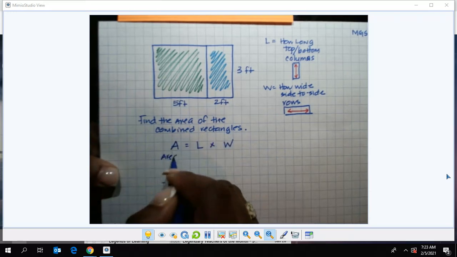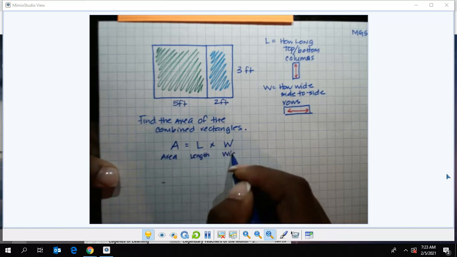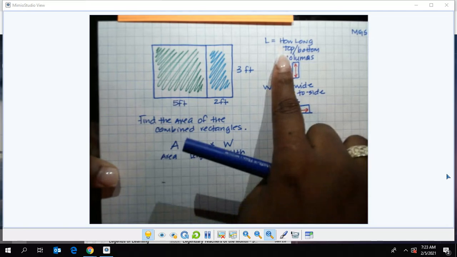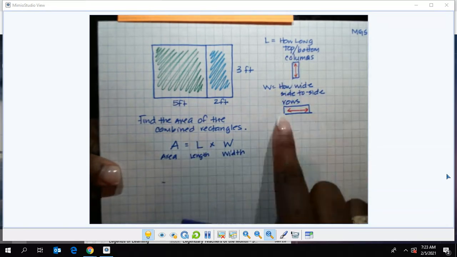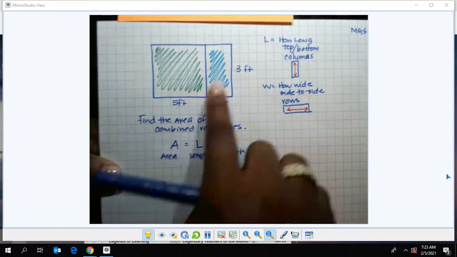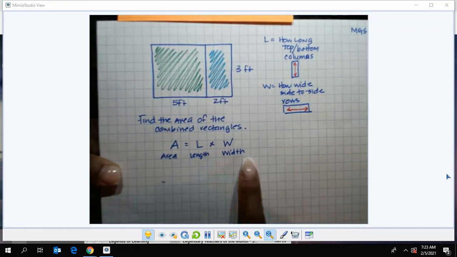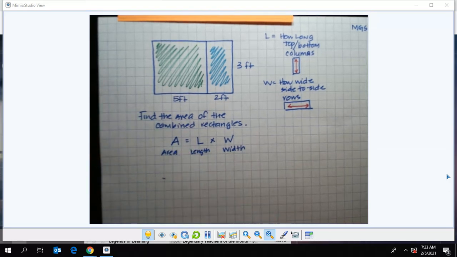A stands for area, L stands for length, W stands for width. That's why knowing that your length is top to bottom and your width is side to side is important, because we have to find these locations on our rectangles in order to put them into the equation. And equations have equal signs, expressions do not.